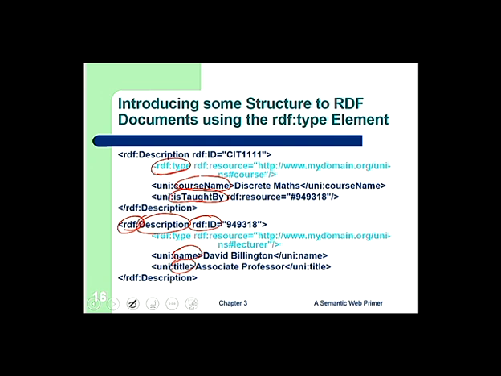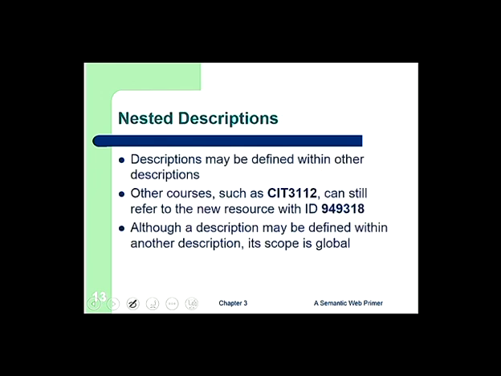All this vocabulary is defined somewhere. So where am I using it from? Let's say this vocabulary, course name, is taught by, name, title, I'm using all of them from university, UNI. And if you remember, this is a namespace which is referring to a particular document.